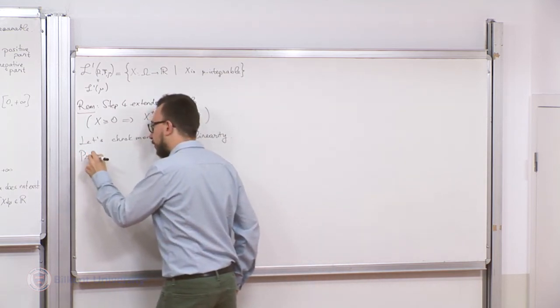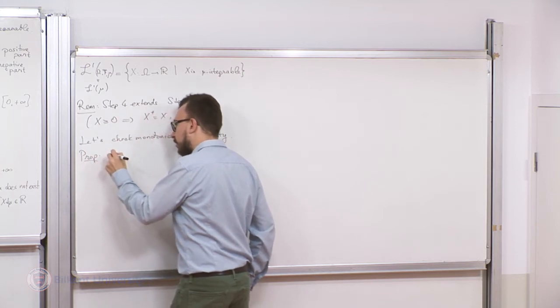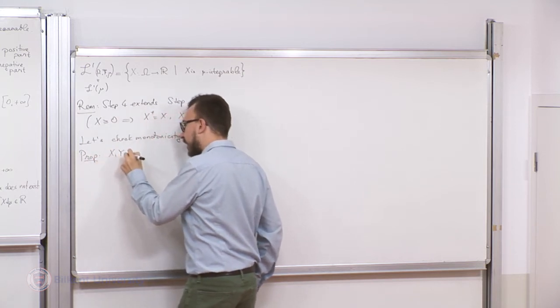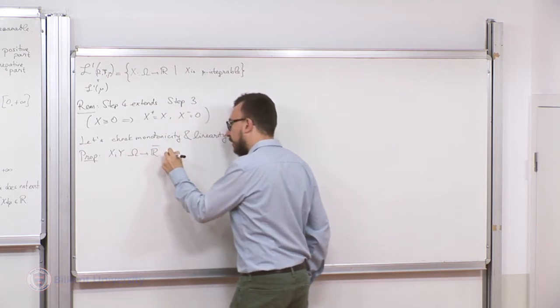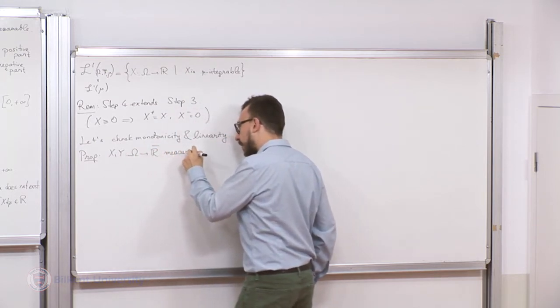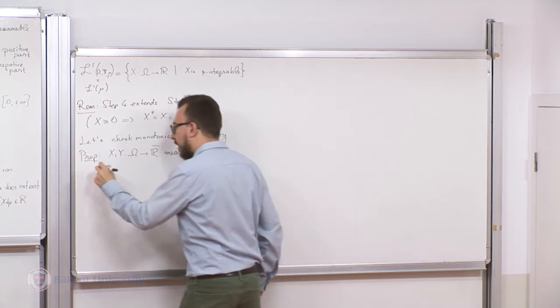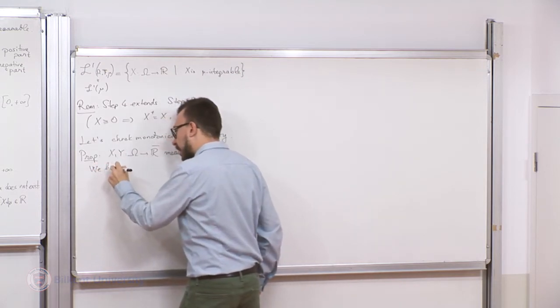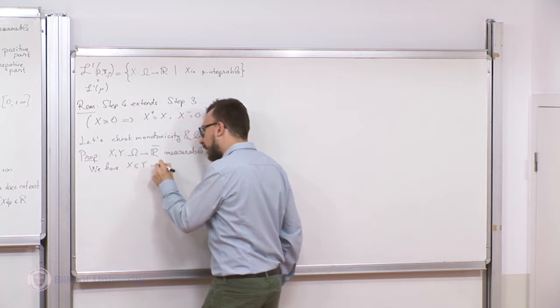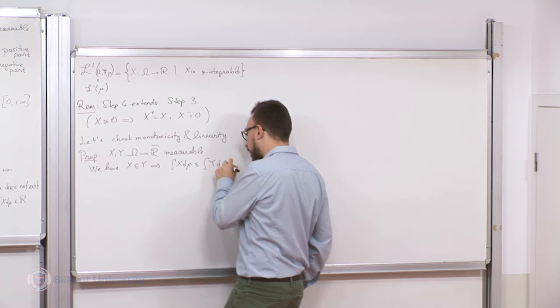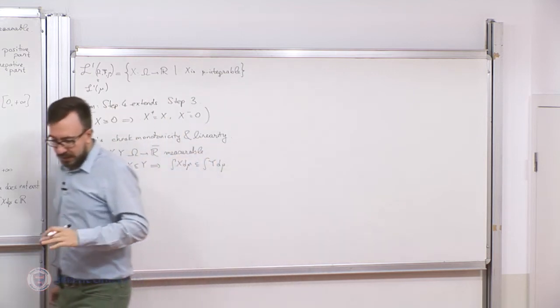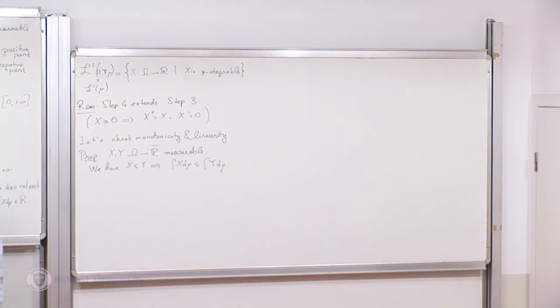So maybe first monotonicity. Let's say we have x, y that are just measurable and numerical. So we have x less than y implies the integral of x is less than the integral of y, provided that we have no issues.